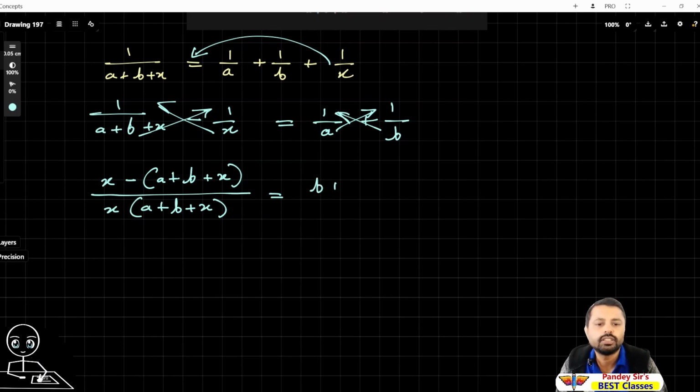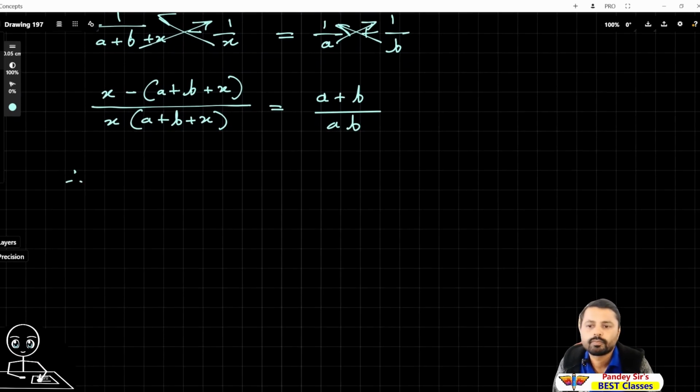So b plus a, or I can also write a plus b, since here a plus b is there, so that sequence I am following, by ab. Therefore x minus a minus b minus x by x in bracket a plus b plus x.